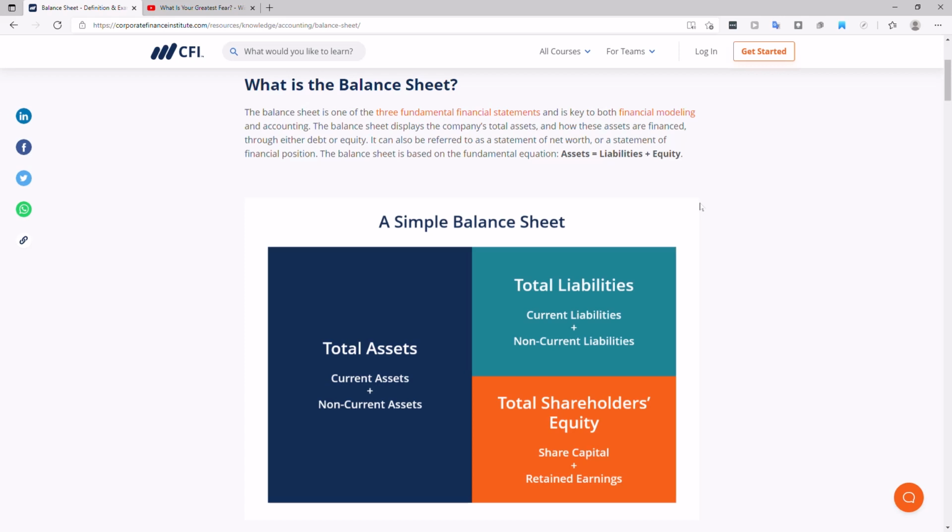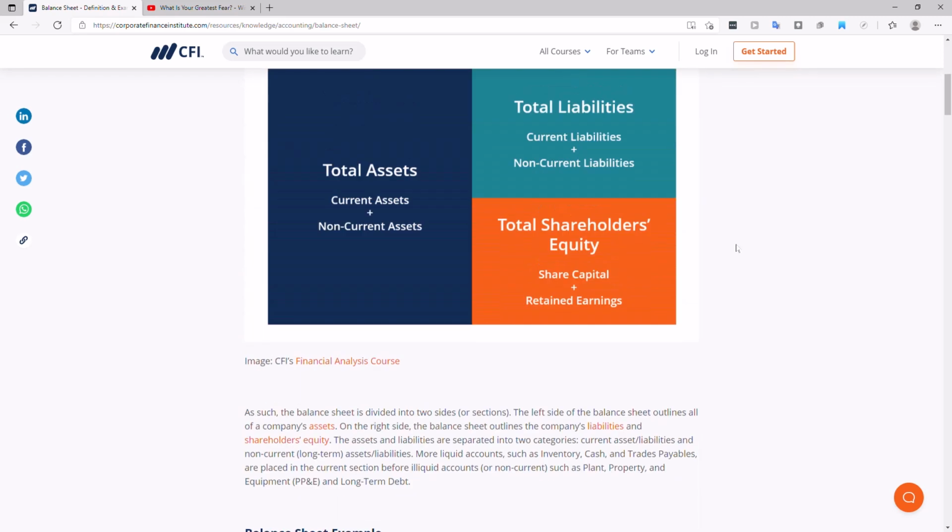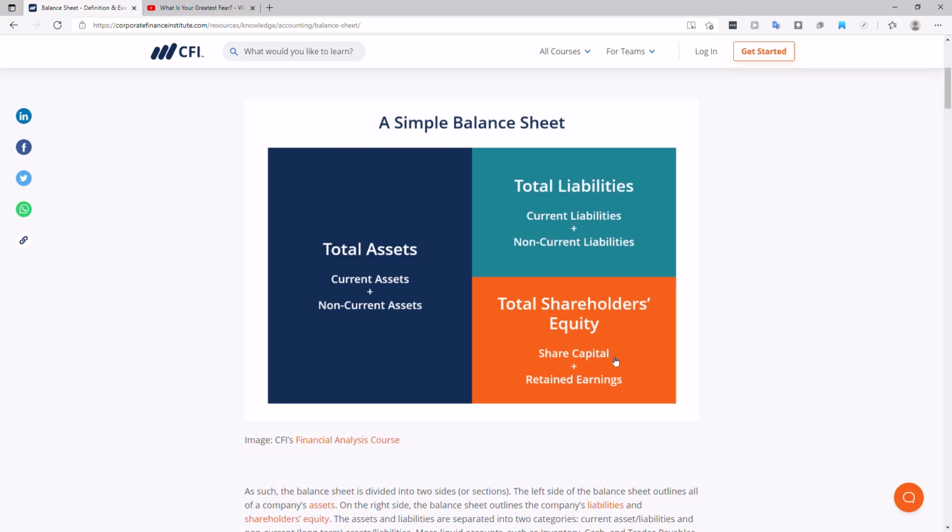Your assets will always equal your liabilities plus your equity. Your assets are made up of your current assets and your long-term assets. Your total liabilities are your current liabilities and non-current liabilities, and total equity is shares, capital shares, and retained earnings that you have.